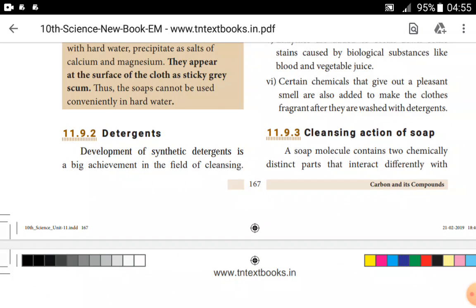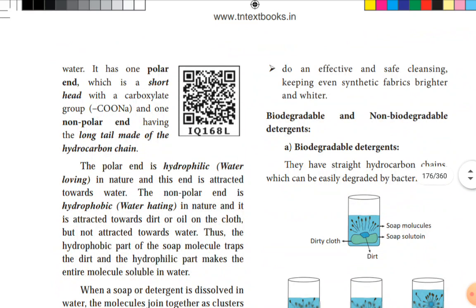The soap molecule contains two chemically distinct parts. So in a soap molecule, two different portions are there, and these portions interact differently with water.